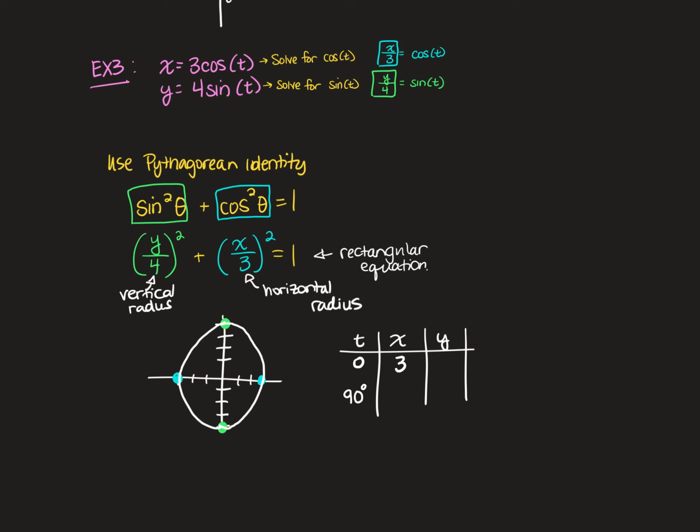I will get 3 times the cosine of 90. Cosine of 90 is 0. Anything times 0 is 0. Plug in 0 into the y equation. 4 times the sine of 0 is going to be 0. And then 4 times the sine of 90. The sine of 90 is 1. 4 times 1 is 4.